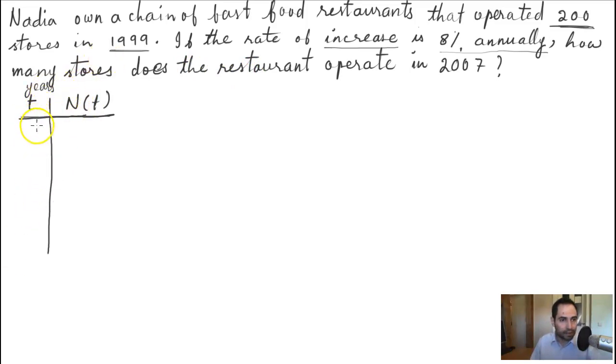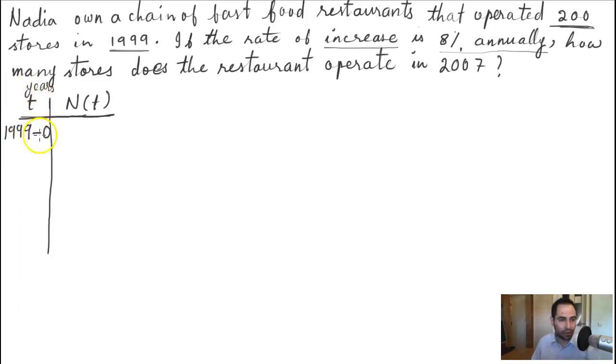So at time equal to 0, let's call 1999 time 0, because it's not easy to work with 1999, 2000, 2001 in a function.